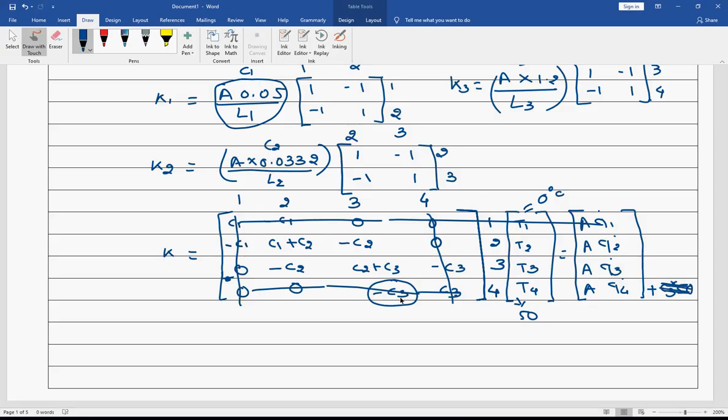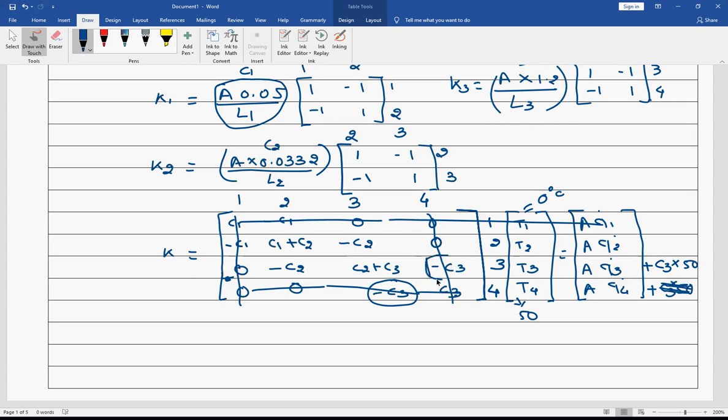So basically when I eliminate this, this is going to get eliminated, minus C3. So this into T1, C2 into T2, C2 plus C3 into T3, and C3 into T4. So this value is known to me, minus C3 into T4, and therefore it is going to come plus C3 into 50.